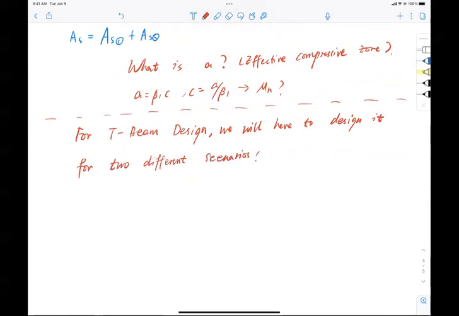This is slightly different from the rectangular section. So scenario 1, that is a smaller than or equal to hf. So when the effective compressive zone is smaller than the flange height, what happens?